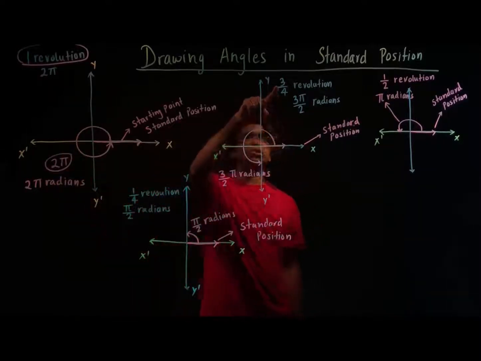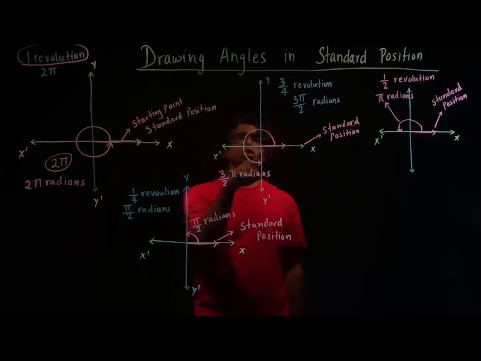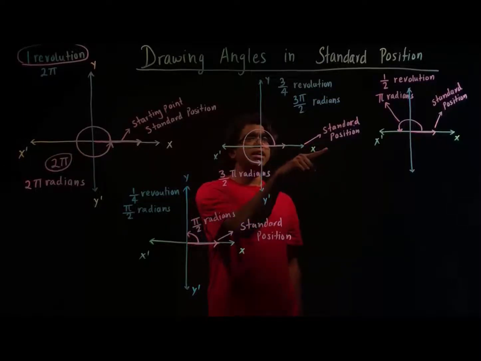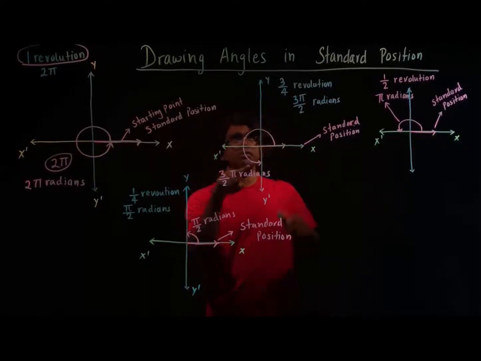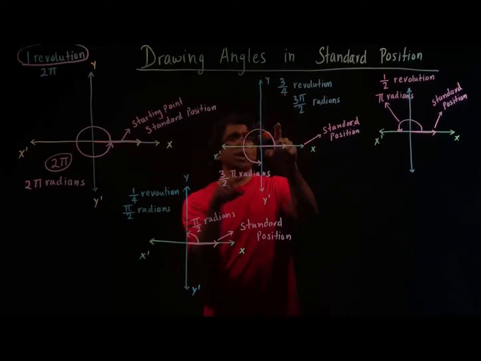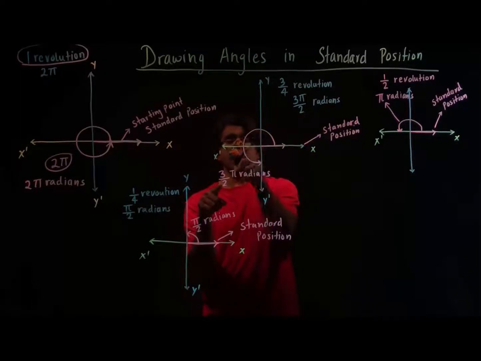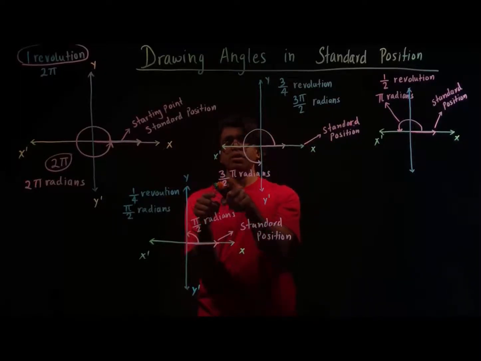If you have a 3/4 revolution, which means 3/2 pi radians, you start at standard position and go counterclockwise 3/4, and whatever angle you cover will be 3/2 pi.